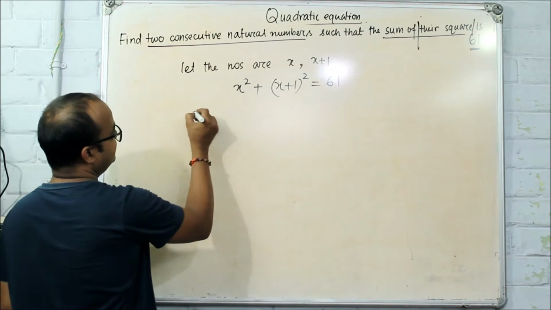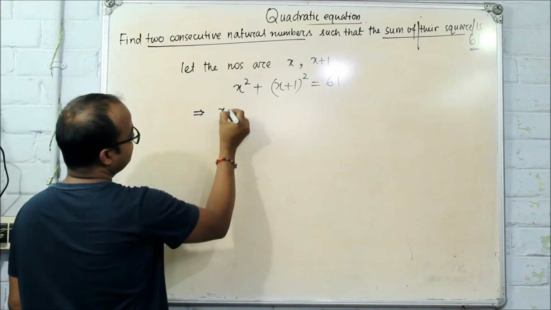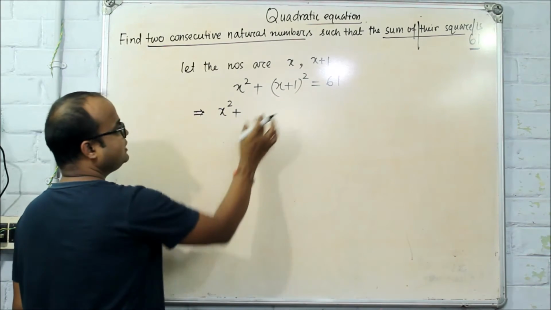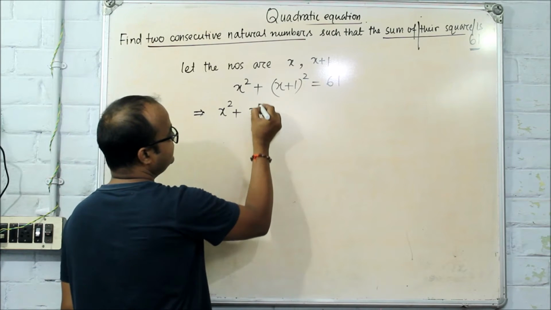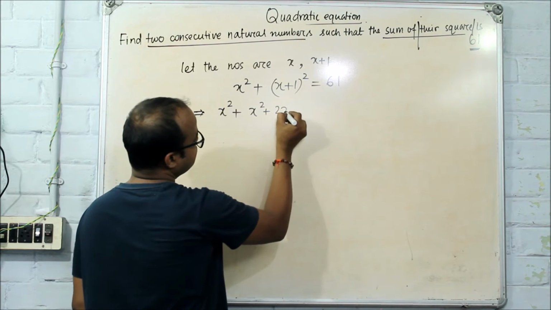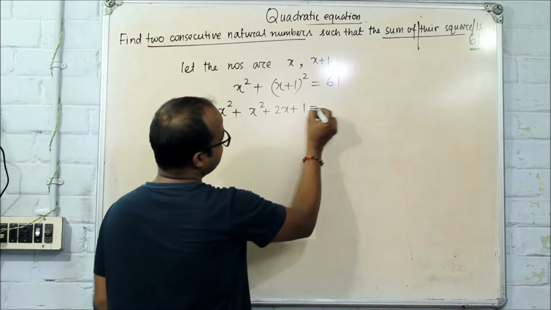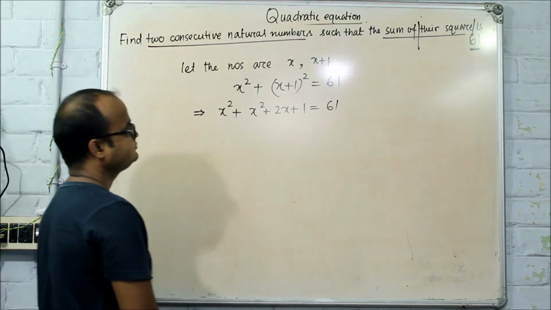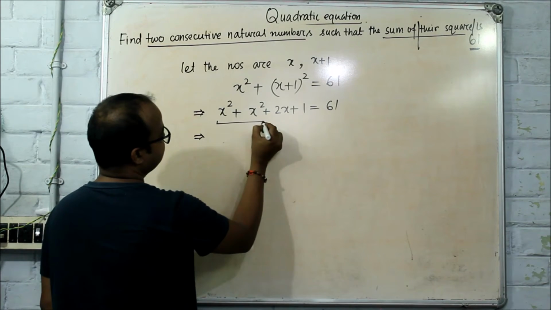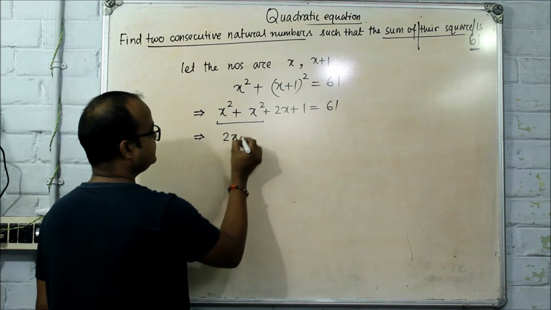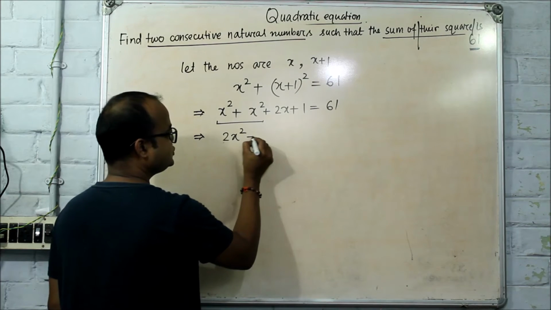So now if I solve, x square plus, here we need to apply a plus b whole square, that is x square plus 2x plus 1 is equal to 61. X square plus x square is equal to 2x square plus 2x.